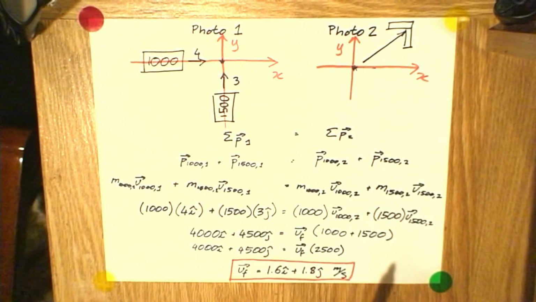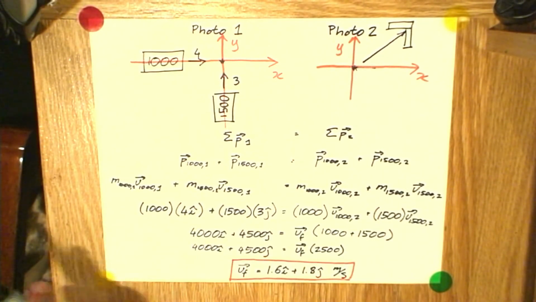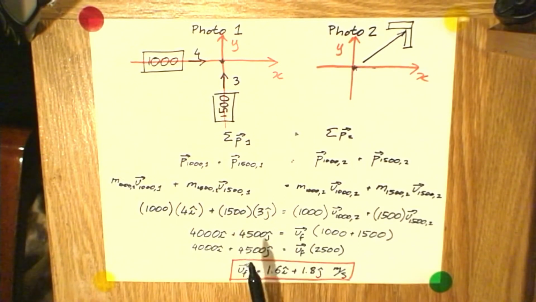The only difference is we had to keep the i's and j's separate in this two-dimensional case, which we didn't have to do, obviously, in a one-dimensional case, since everything was in the same direction. So a two-dimensional case is just a one-dimensional case where we keep the i's and j's separate. And this is how we solve a simple two-dimensional inelastic collision.